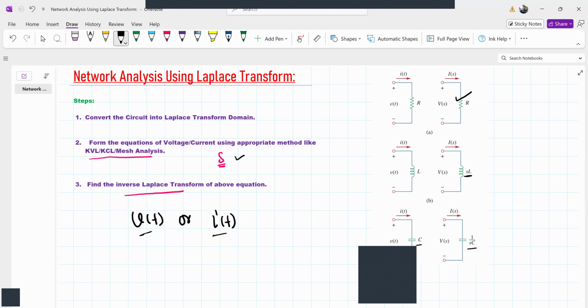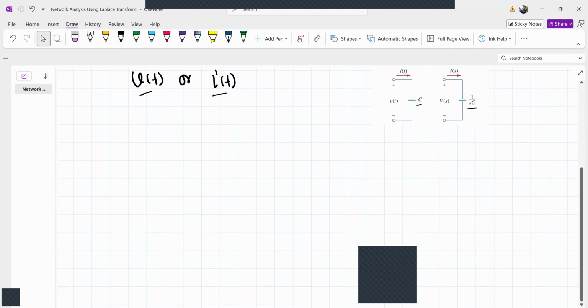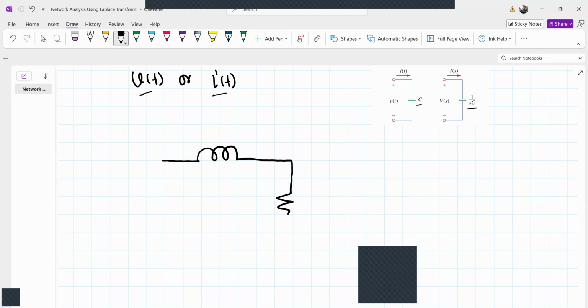In order to understand these steps, let's take a very simple example. Let's consider a very simple RL circuit where we need to find the current flowing. Suppose we have an inductor and a resistor connected in series to a voltage source.